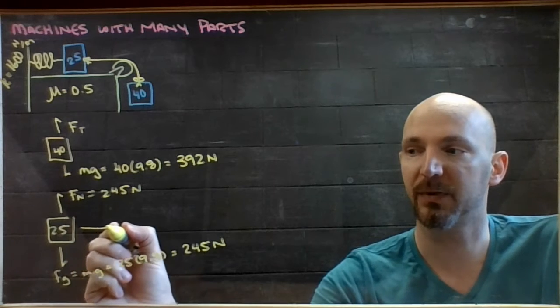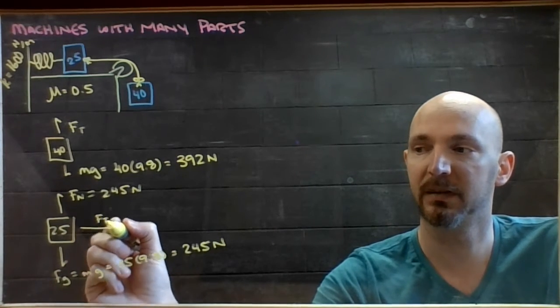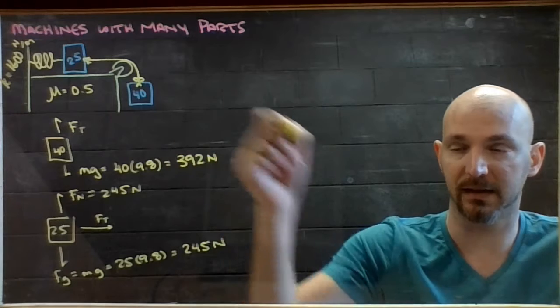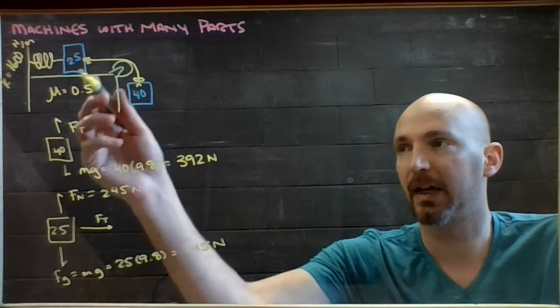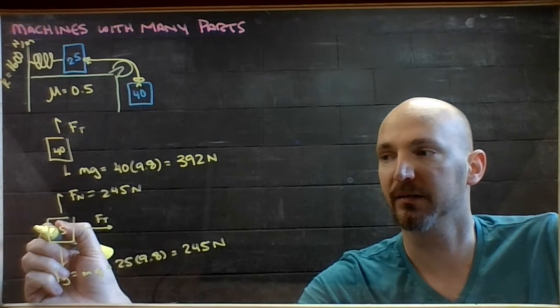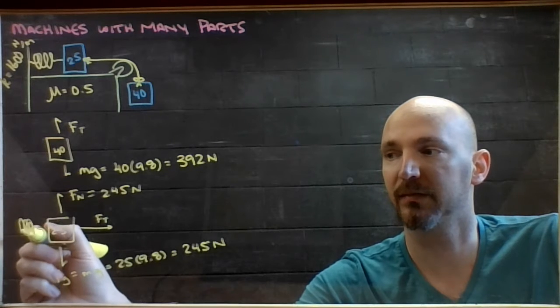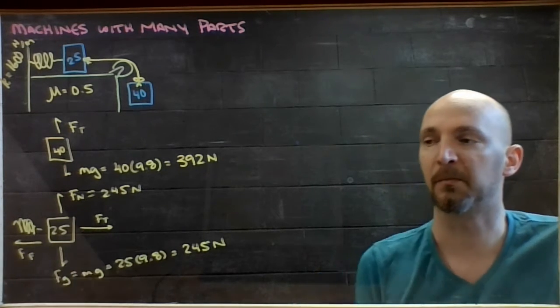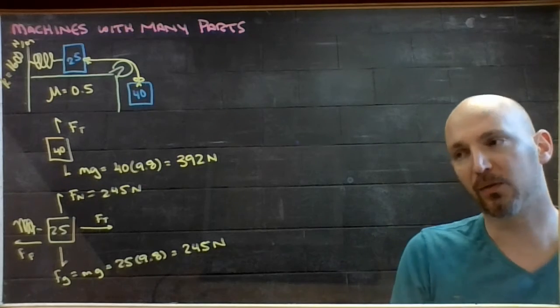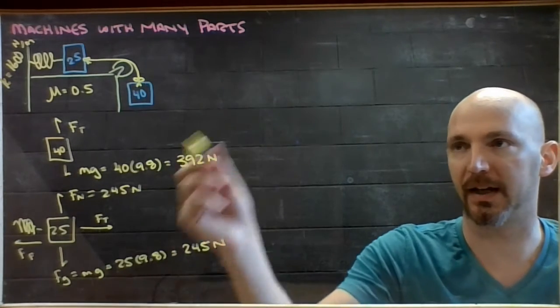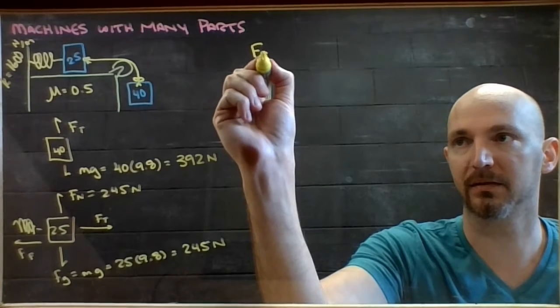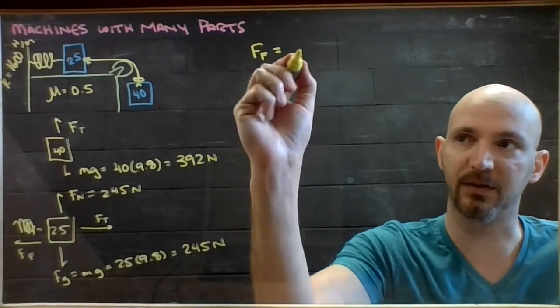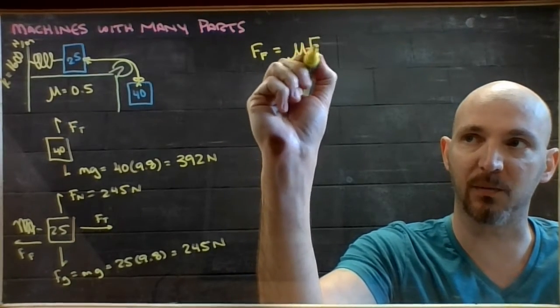There's a tension pulling this way from the string that's attached there. And I have a spring back here that's resisting, and I also have friction pushing backwards. So in order to do the friction on that, the force of friction, I'll have to do mu times the normal force.